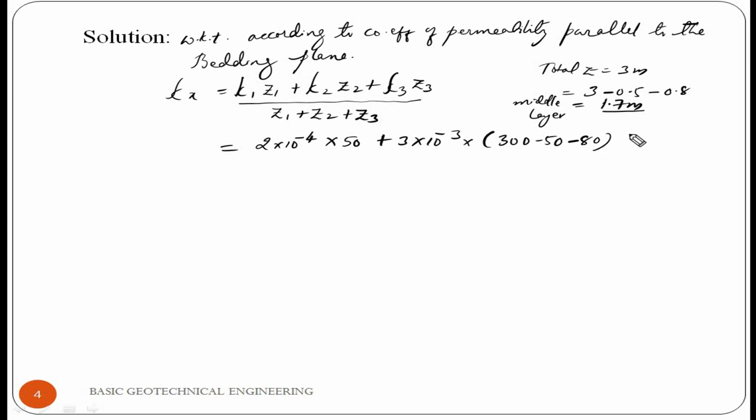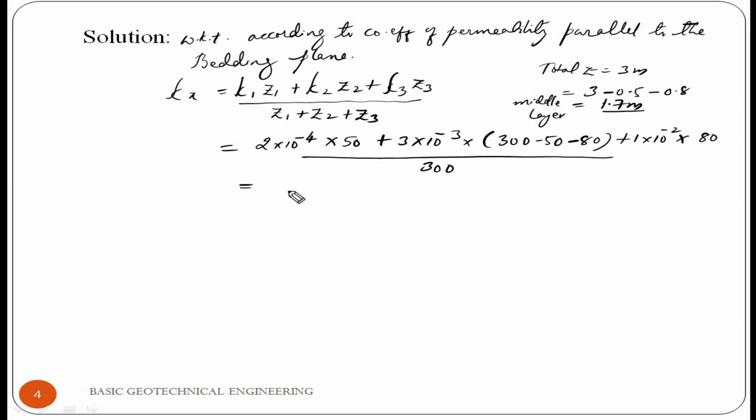So like this you can write, plus 1 into 10 to the power of minus 2 into 80. So the whole is divided by the total thickness of layer, which is 3 meters. The unit we want is centimeter per second, so 3 meter will be 300.